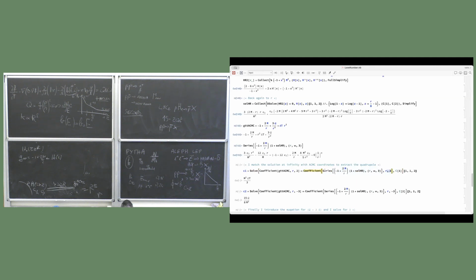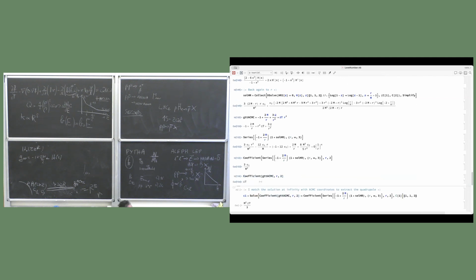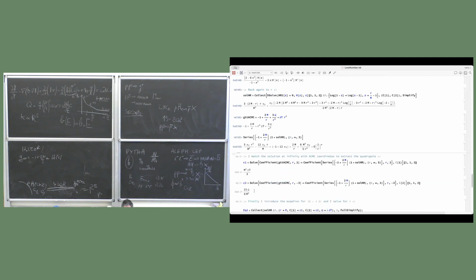So this thing here basically means give me only the r squared, the coefficient in front of the square power of r. And indeed it gives me 3c1 over m squared. And then I match it with the tidal amplitude, the corresponding r squared component of the ACMC metric.